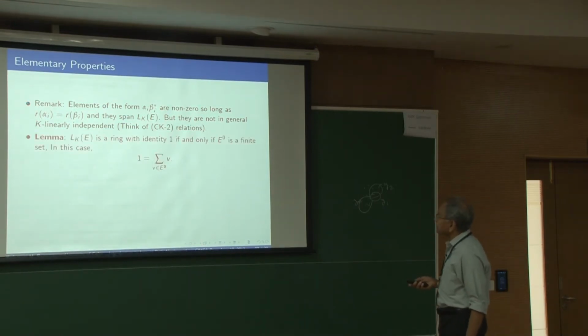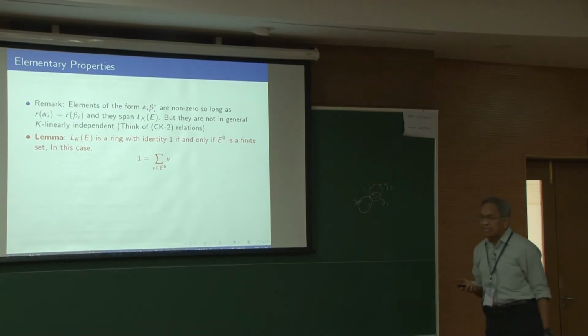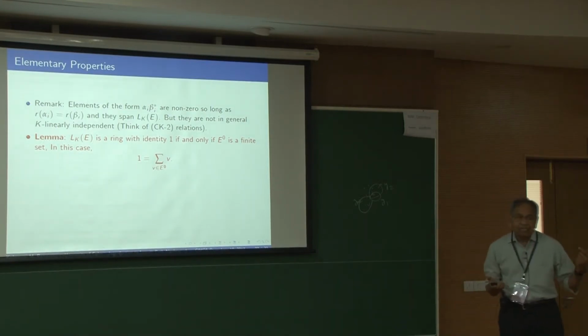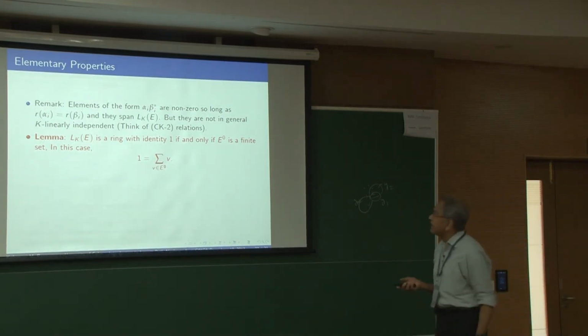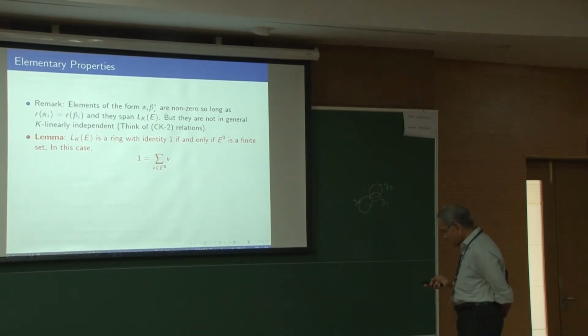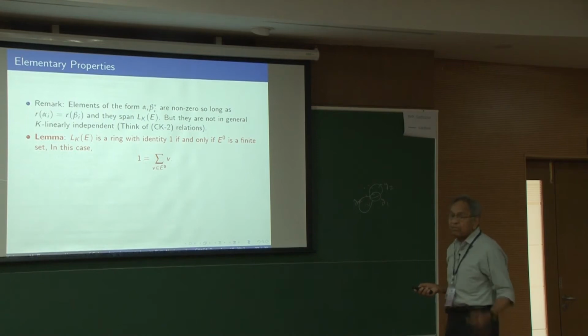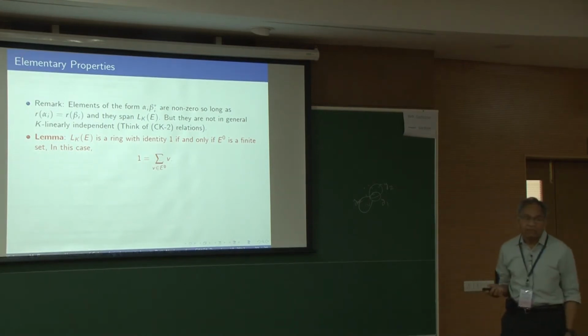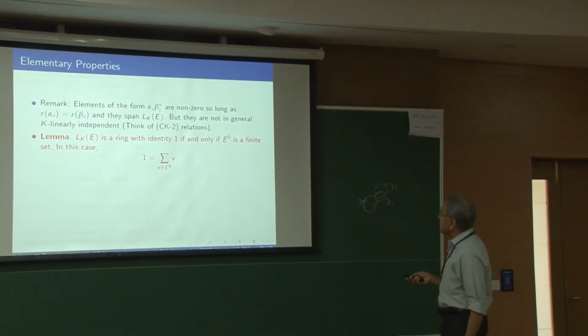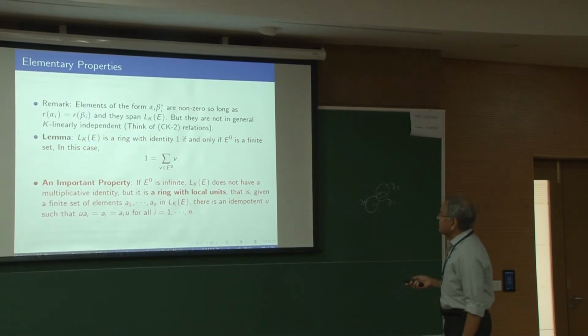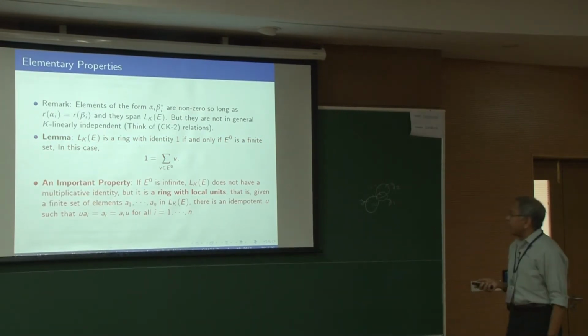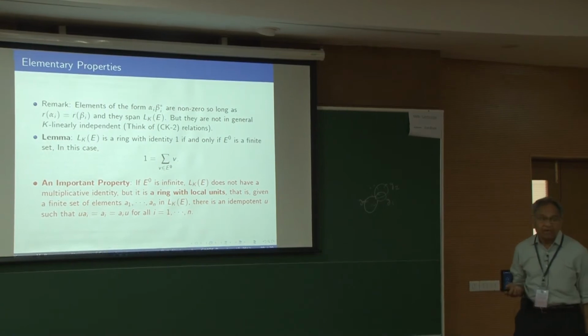One easy first result: when will a Leavitt path algebra have a multiplicative identity? Exactly when it has finitely many vertices. In that case, the sum of these finitely many vertices becomes the identity element of the Leavitt path algebra. On the other hand, if we have infinitely many vertices, then obviously it doesn't have a multiplicative identity.